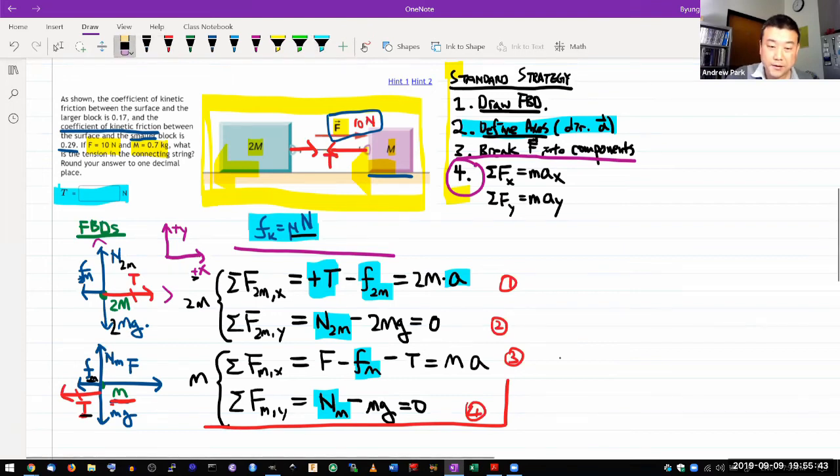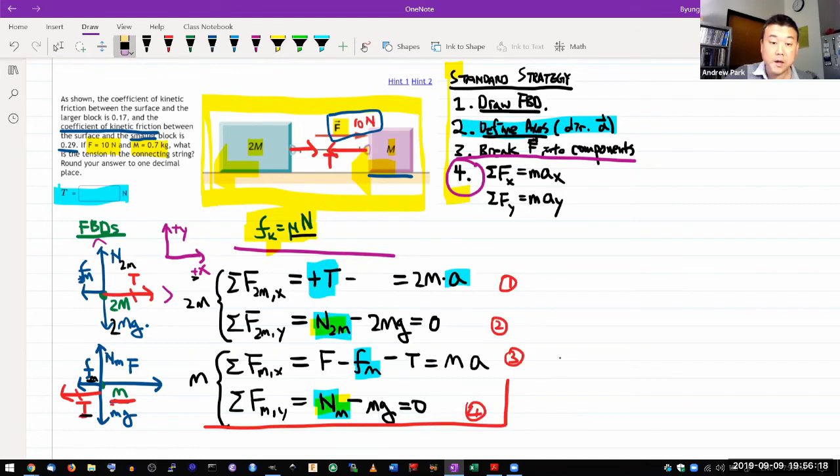But hopefully, as you're staring at this and thinking about it, you realize that you haven't used the information about friction forces that you know. That the kinetic friction force is given by the coefficient times the normal force. So normal force is already one of my unknowns. So by writing it in other equations, I'm not going to be losing anything. What I can do now is write these friction expressions instead of as their own thing.